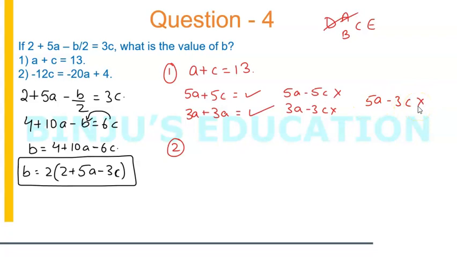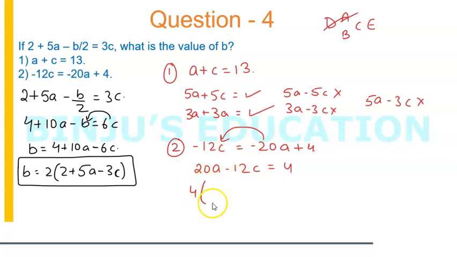That is again impossible. Now statement number 2 says minus of 12c is equal to minus 20a plus 4, which I can rewrite as 20a minus 12c is equal to 4. I brought negative 20a on the other side, which means it will automatically become positive 20a. Now, if I take 4 common from the LHS, this should become 4 times (5a minus 3c), and that equals 4, so 5a minus 3c is 1.